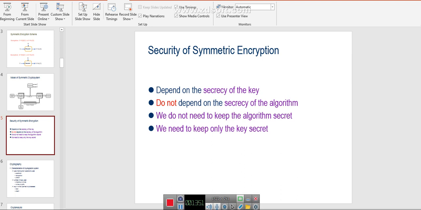Also, the security of symmetric encryption does not depend on the secrecy of the algorithm. We don't need to keep the algorithm secret. What we need to keep secret is only the key.